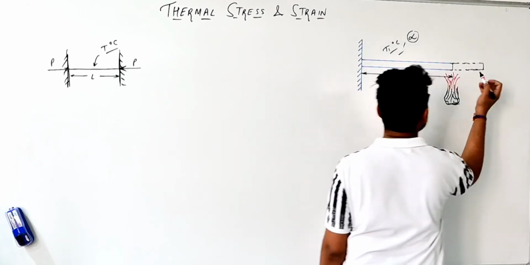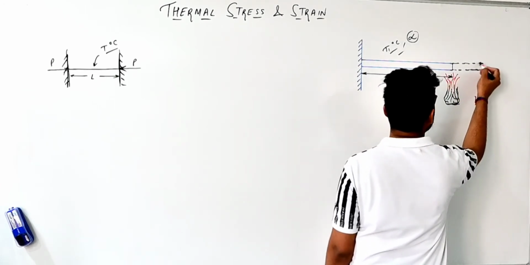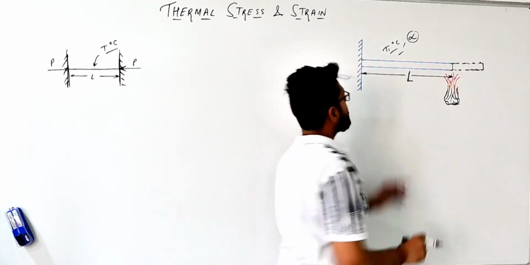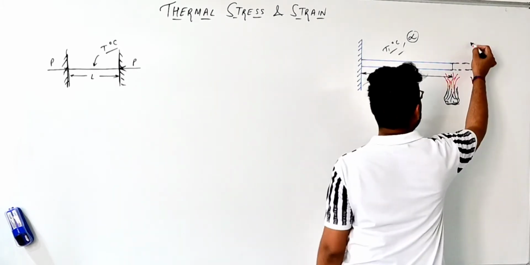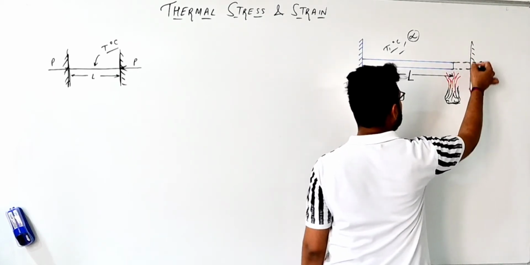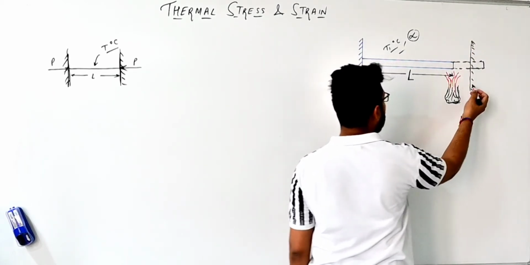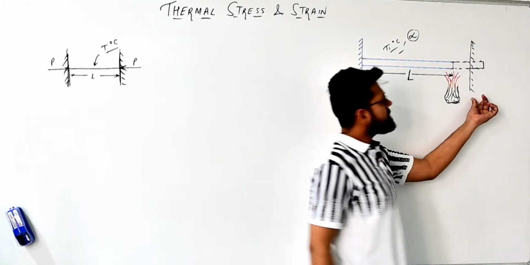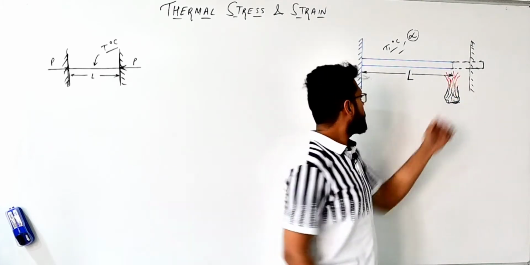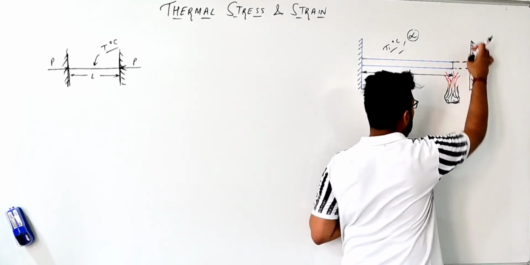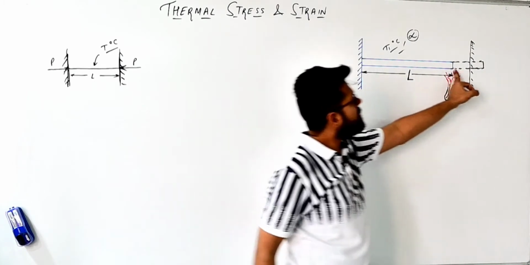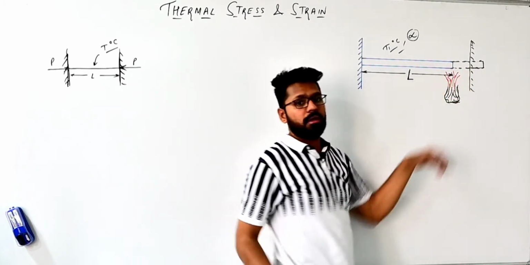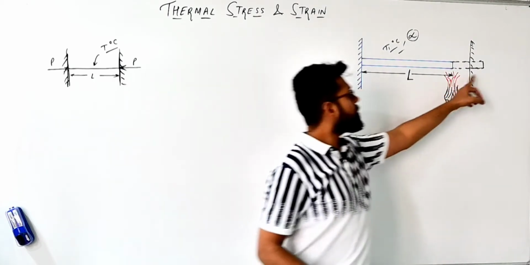This is the free expansion of this rod. Suppose this rod is free to expand up to that point. Now I am going to apply one rigid support here. So what will happen? The expansion is prevented. So if we place a rigid support here, this rod will try to expand outside the rigid support.